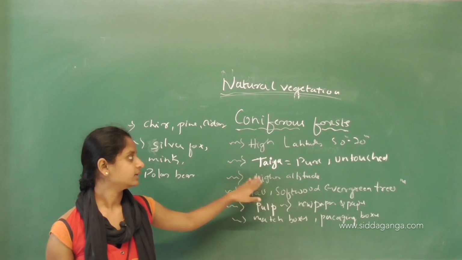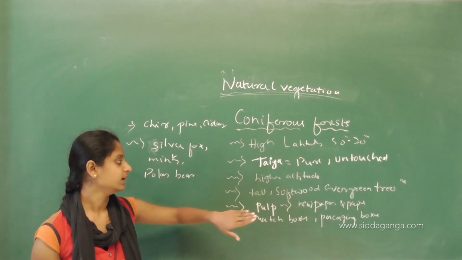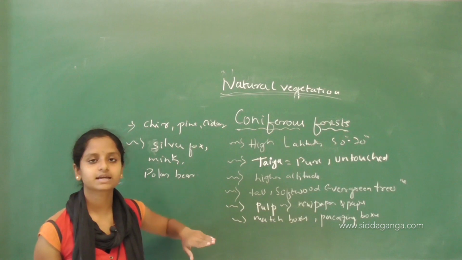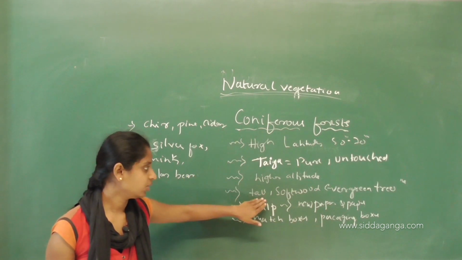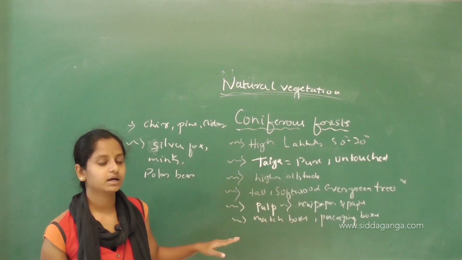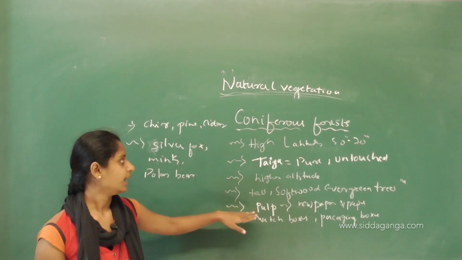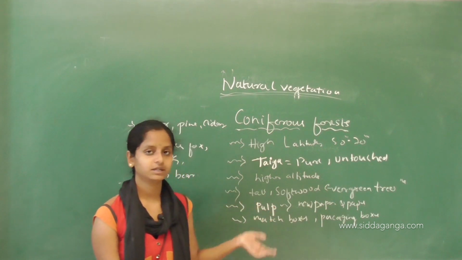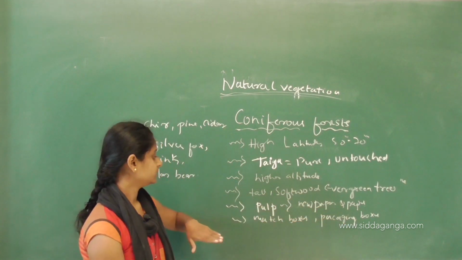These coniferous forests can also be seen in the higher altitude, and there will be tall softwood evergreen trees. The pulp prepared from the trees is used for newspaper and paper making.